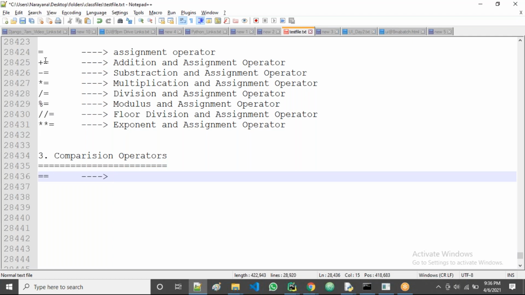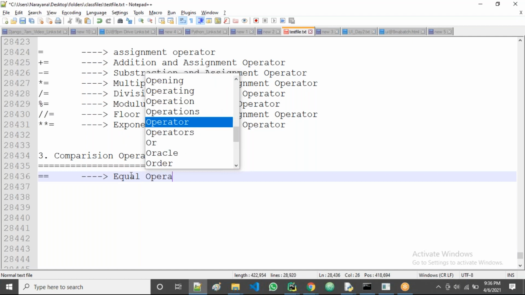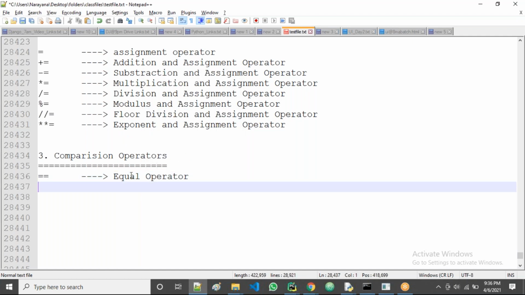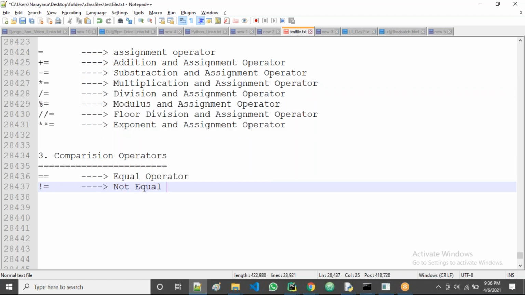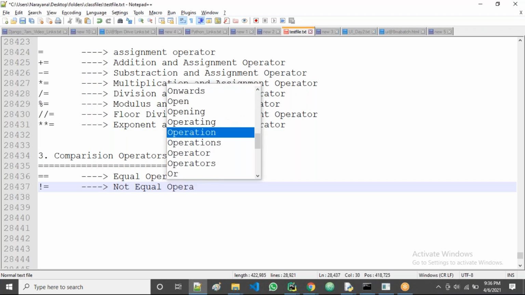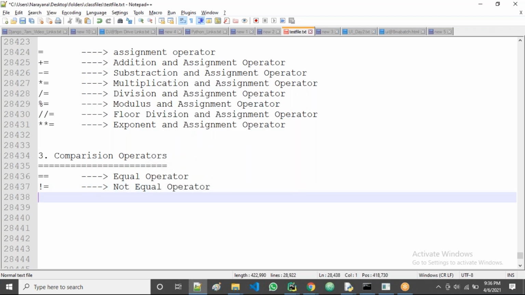The first one you call assignment operator, and here we call it equal operator. And this is the not equal operator. Equal and not equal operator.